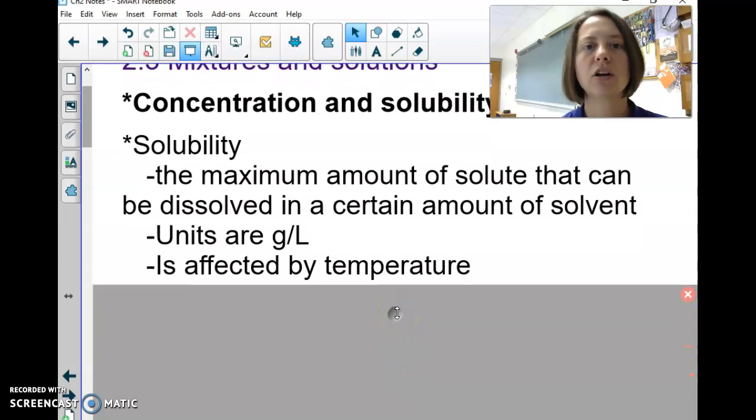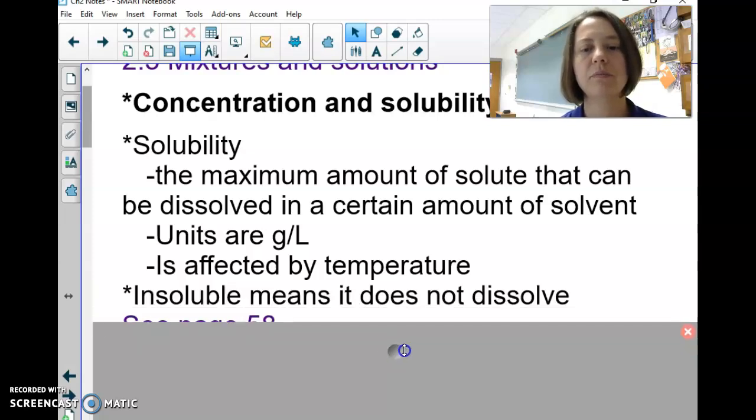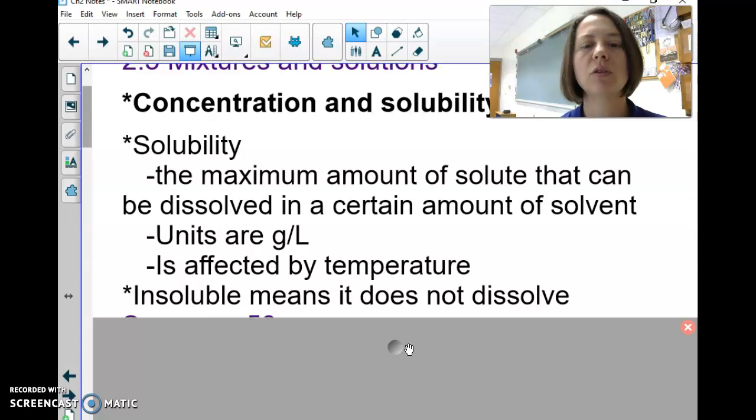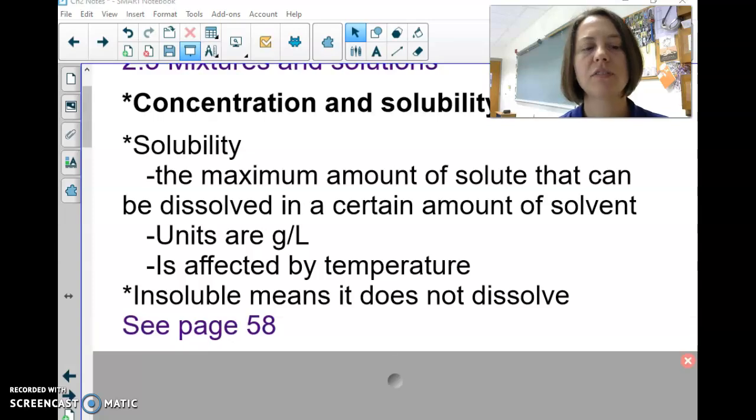So hotter water can dissolve more sugar than cold water. And the term insoluble means that that solute does not dissolve in that solvent. So for example, oil is insoluble in water. It won't dissolve.